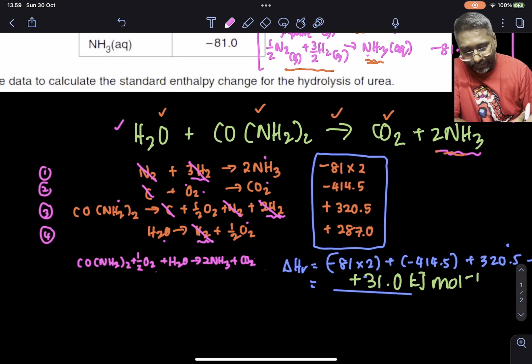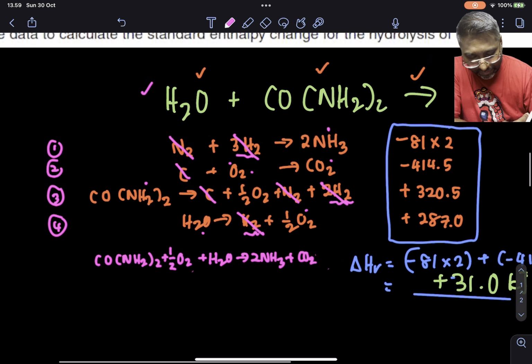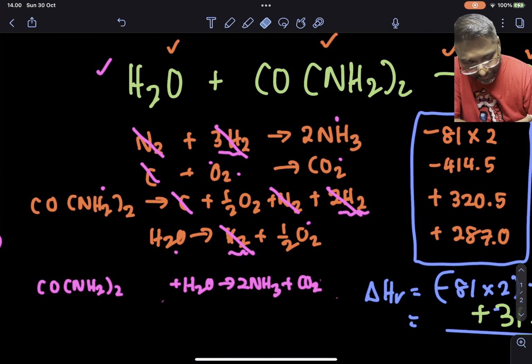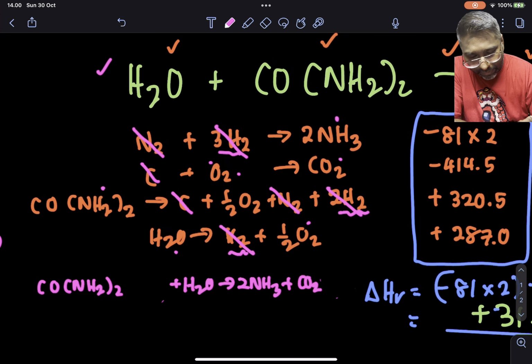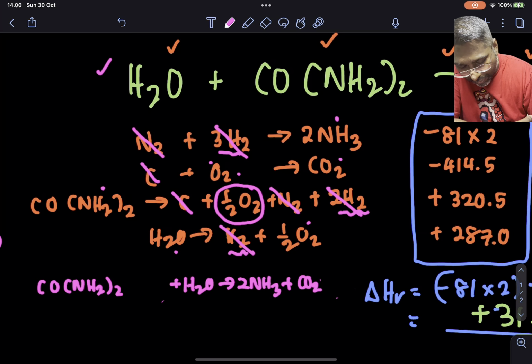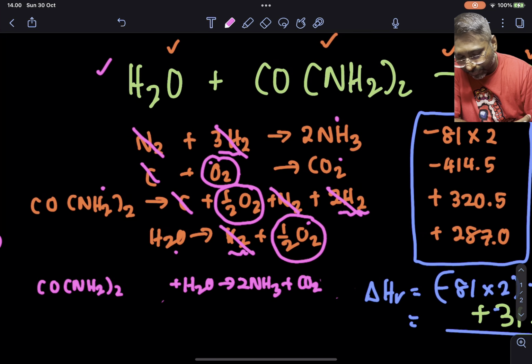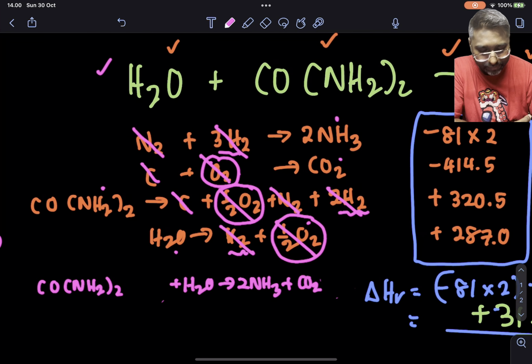O2, we missed out. Sorry, here there is no O2, because this part is going to be 1 over 2 O2, 1 over 2 O2, that's going to be 1 mole of O2, and then 1 mole of O2, you can cancel left and right.